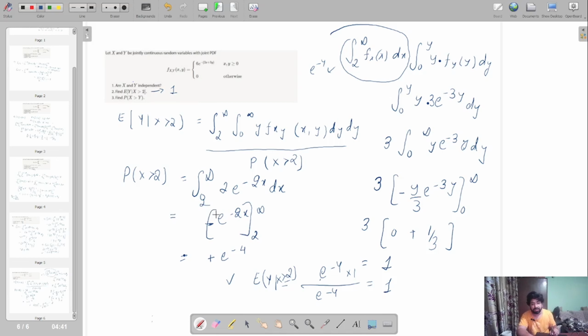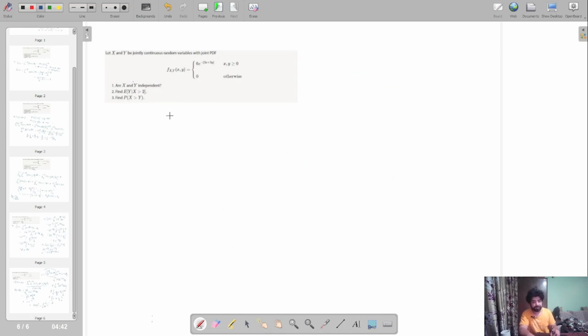Alright, so let's do the third part now. In this part we have to calculate the probability that x is greater than y. If I write it down, it will be the integral from 0 to infinity and y to infinity, because we have been told that x is greater than y, and then we will have our function f(x,y) dy dx.